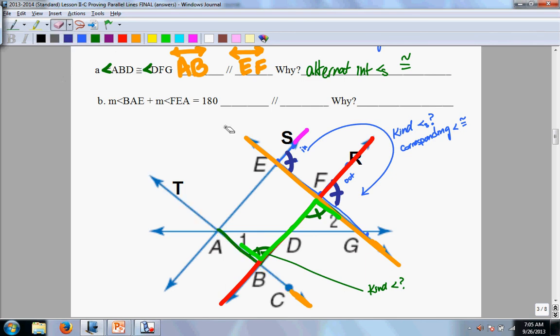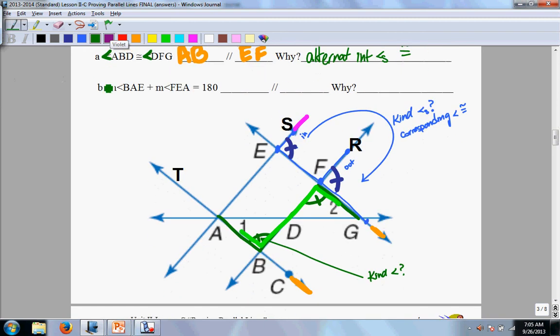All right, let's do one more set here. Last one, we are told, what color have I not used? Let's use purple. That the measure of angle BAE, so let's trace BAE, BAE, trace and sweep, plus the measure of FEA, so FEA.